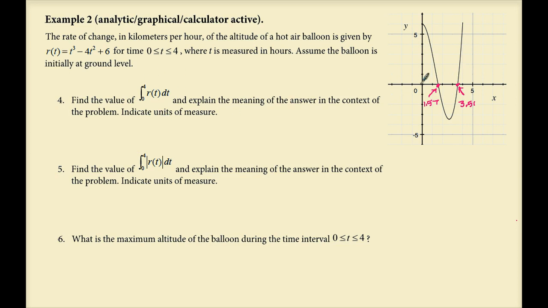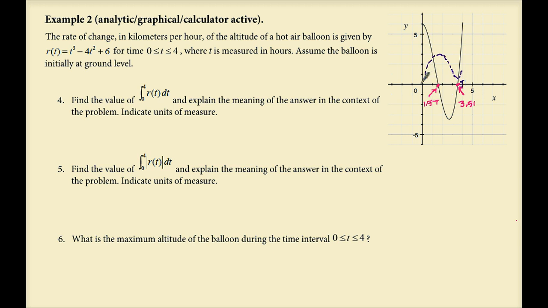Our balloon started at height 0, and 4 hours later, how high from there was it? Remember, on its way to 4 hours, it increased, decreased, and increased again. So if we once again draw what we think was happening with the balloon, increasing until 1.57 hours, decreasing until 3.51 hours, and then increasing for a short time, our interval ends at 4.